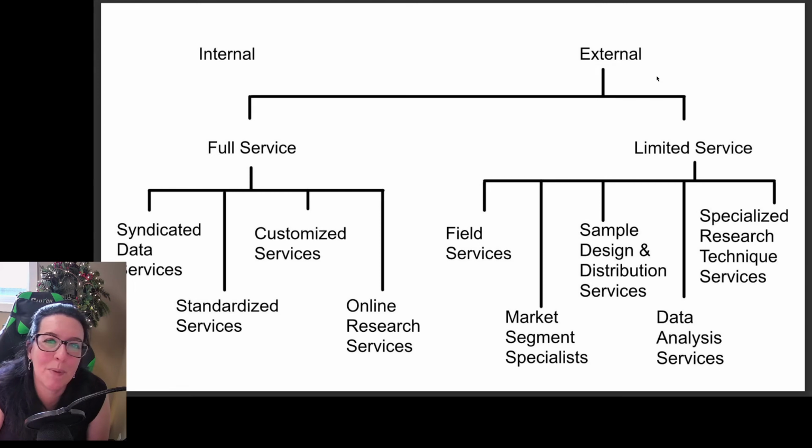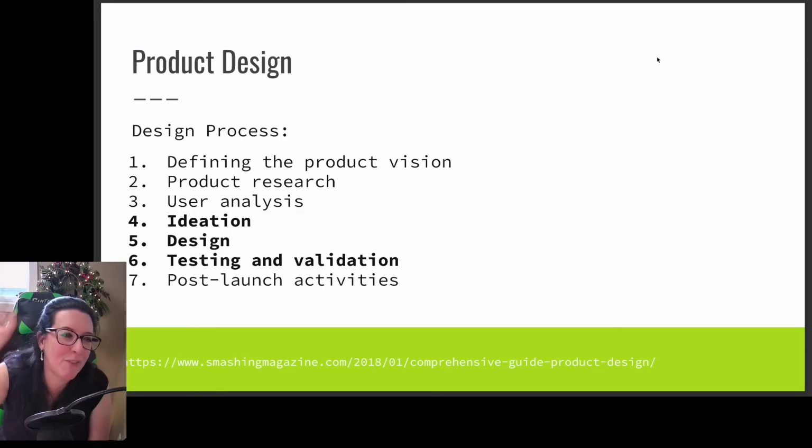You can hire companies to help you find that target group of people to do the survey or to be in your focus group. So you can have someone find your sample, you can have someone do the research, you can have someone analyze the research, you can have all these components, or you can hire someone to do all of it.